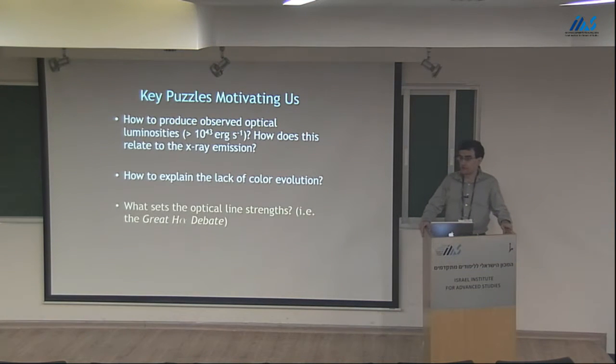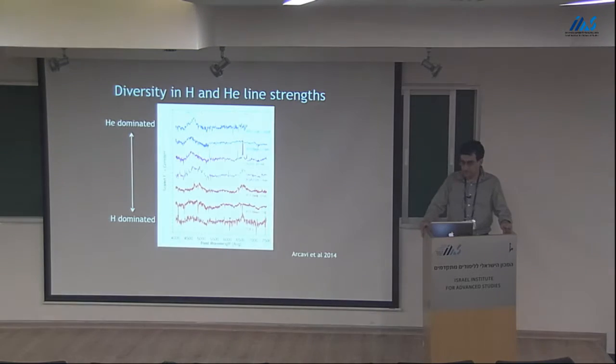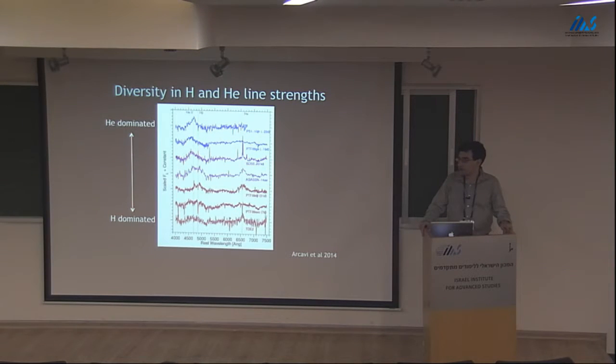And then, of course, there is the question of the optical lines, the great H alpha debate. This is the plot that Yair showed us yesterday with the diversity of spectra, some with broad helium-2 and no signs of hydrogen, all the way down to some that do show both the helium and the hydrogen.